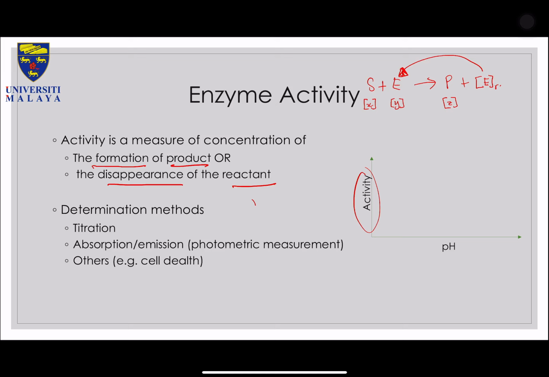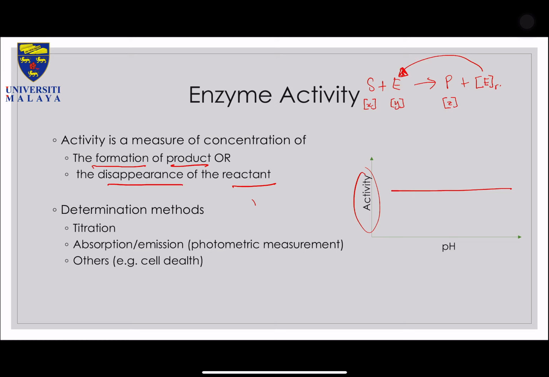Therefore, there's no change. If we measured the activity based on the disappearance of enzyme, since the enzyme did not change, the activity would be 0 or flat. But if you look from a different perspective at the substrate, its disappearance, or the formation of a product, then you can say this enzyme has a certain activity that you can actually gauge and measure.